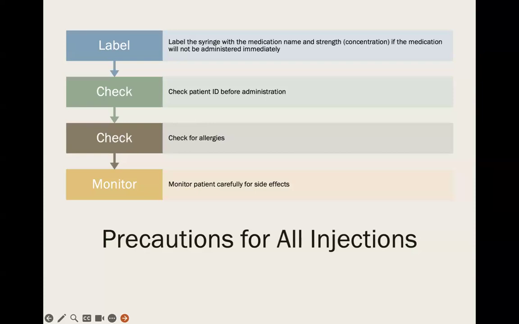So the tech draws up both of them. Both of them are clear, both of them in the same size syringe. So what happens? The doctor looks at what it is. He pulls, and both of them are clear.